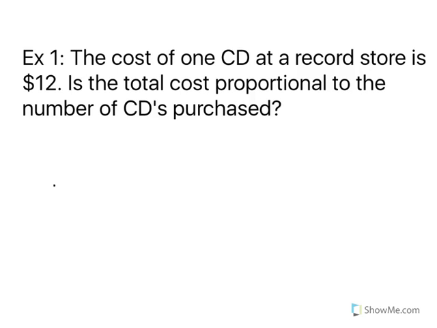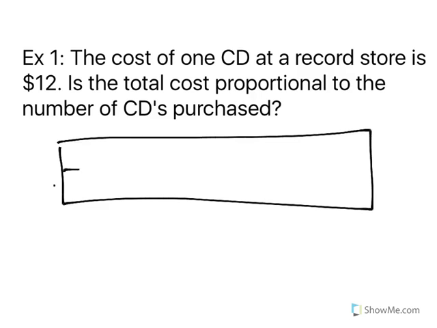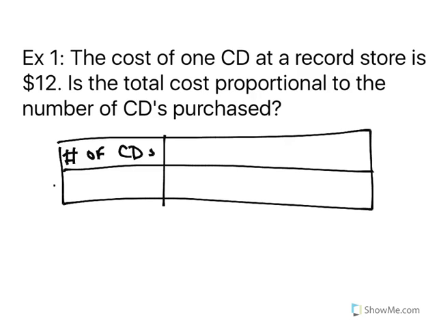Whenever you see this, when it's asking you about proportional relationships, I want you to make a chart. We're going to put the number of CDs at the top and the total cost at the bottom. If we buy one CD, it's going to cost us $12.